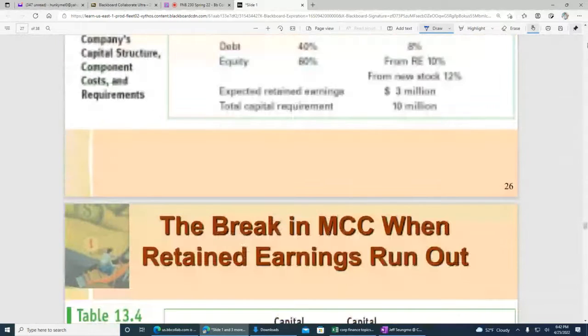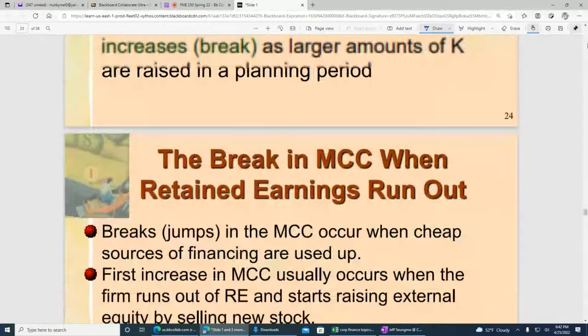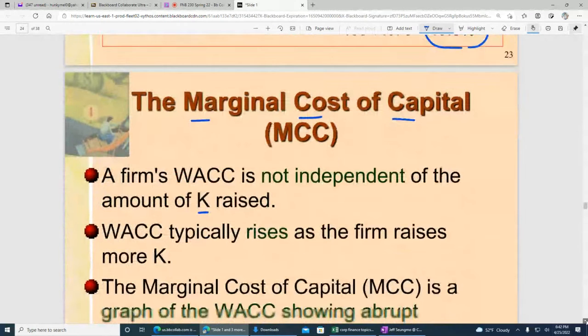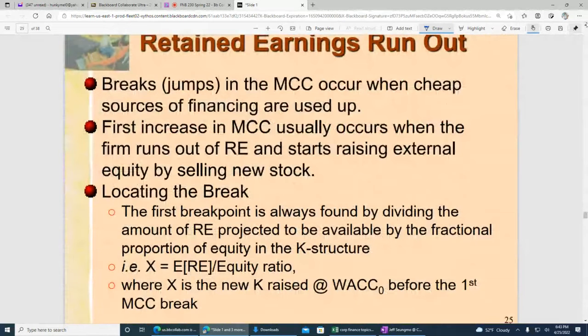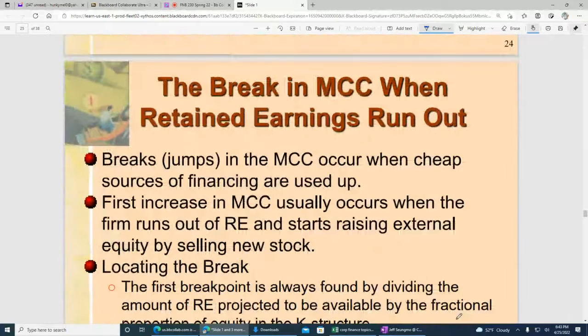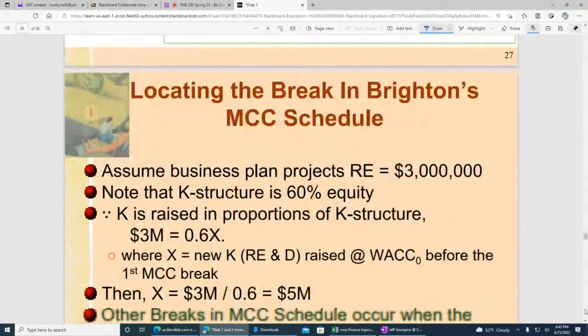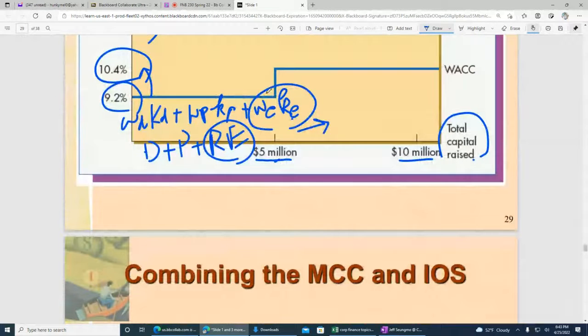So let's take a look at the example. There will be a break in the marginal cost of capital when retained earnings run out. What this was showing you was that up to this point, the marginal cost of capital is still the same, 9.2, up to 5 million.